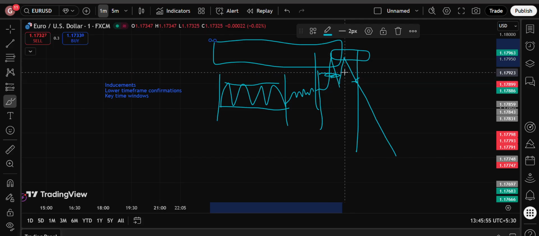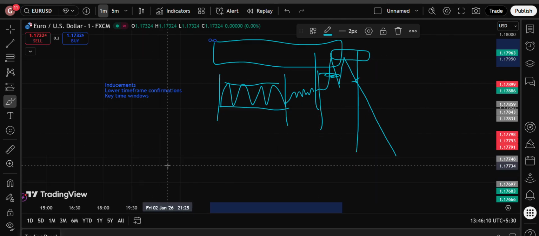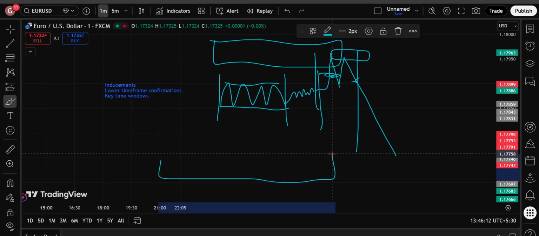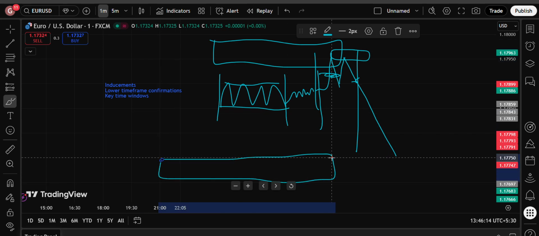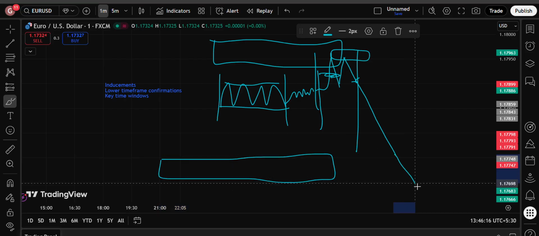And as you can see, we wait for lower time frame confirmation because we are in a key time window. Inducement has been done, a lot of liquidity has been taken as well, and now we look for sells. In these types of cases, I will look for 1:10 trades or a new breakout structure at the low. So if there was a demand zone right here, I might look to sell till this demand zone or even past the demand zone, so making an external breakout structure.